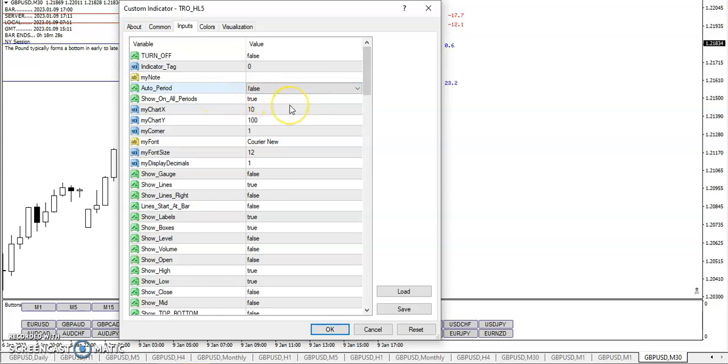Show on all periods, true. So maybe you don't want to show this on a certain time frame, so then you just set it to false.